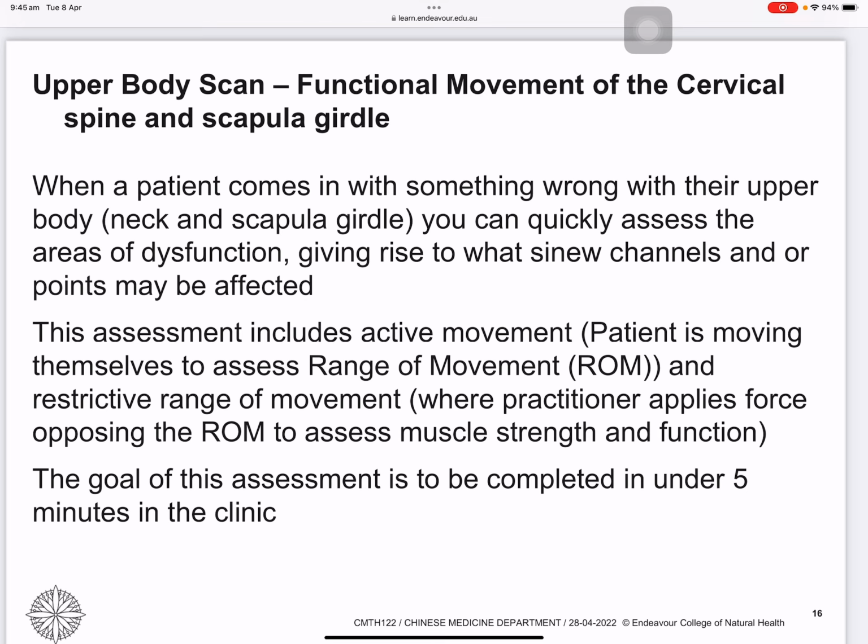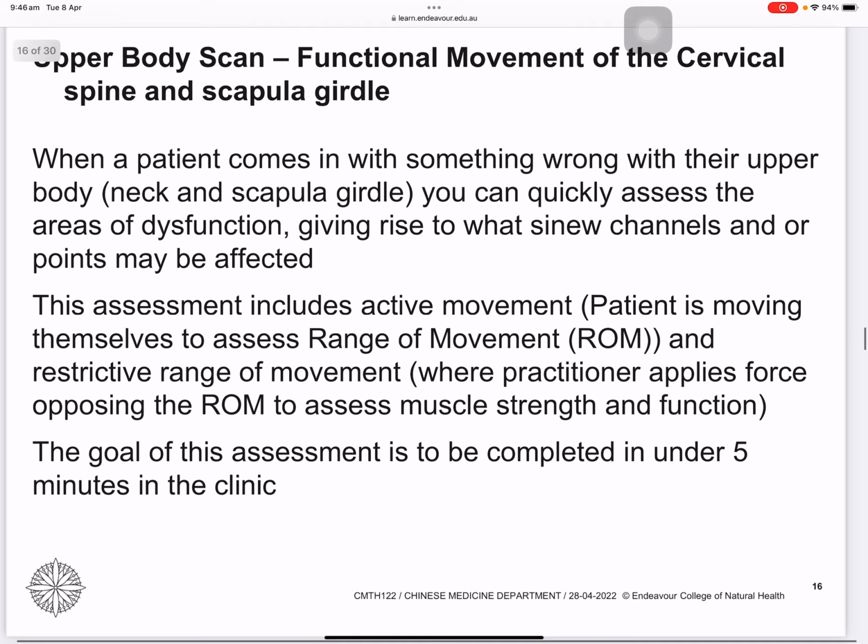Is the muscle strong enough or quite weak? The goal of this assessment is to be completed in under 5 minutes. Usually we spend maybe 5 to 10 minutes in total. It's very hard to spend only 5 minutes because some of the cases are quite complicated.